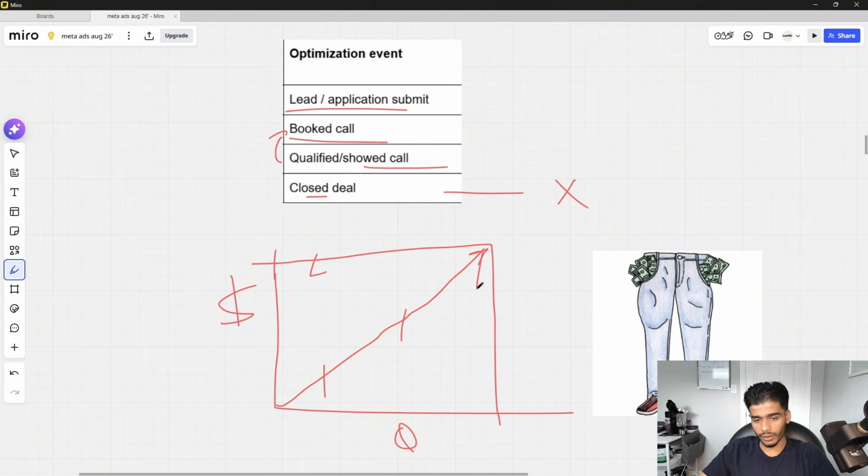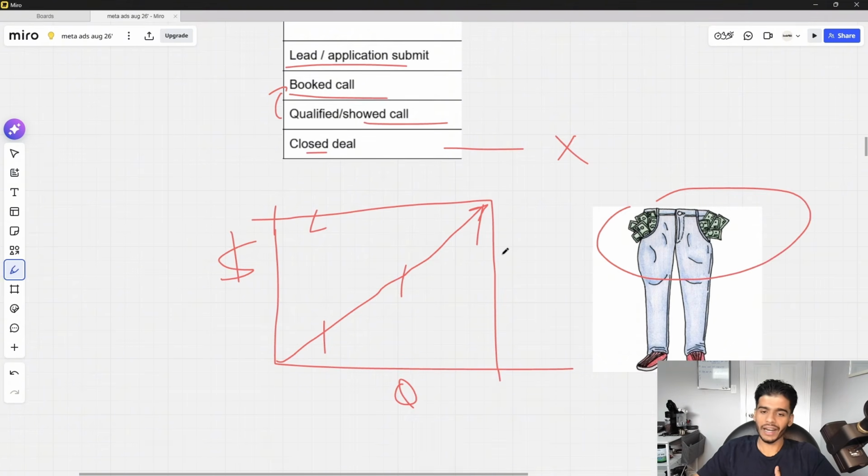Optimize for sold call, it's a lot more expensive. But your pixel is seeing only the best of the best people, which is an advantage. But for you to have a real number, for it to exit the learning phase, you would have to spend 5-10 grand a day. And if you have that, go for it.